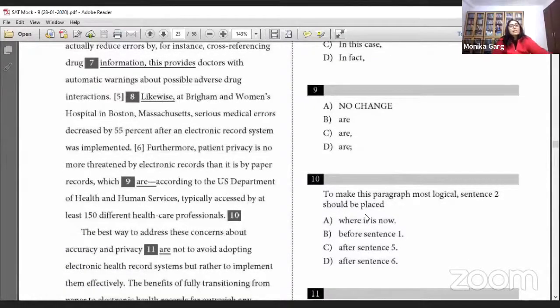Let's read this. Furthermore, patient privacy is no more threatened by electronic records than it is by paper records, which are, according to the US Department of Health and Human Services. So this is like extra piece of information. Can you see?